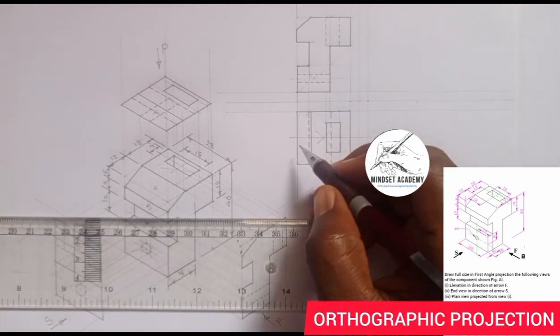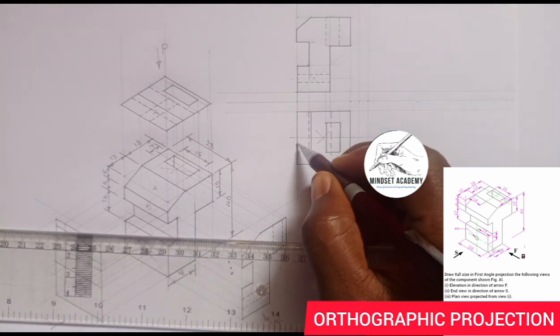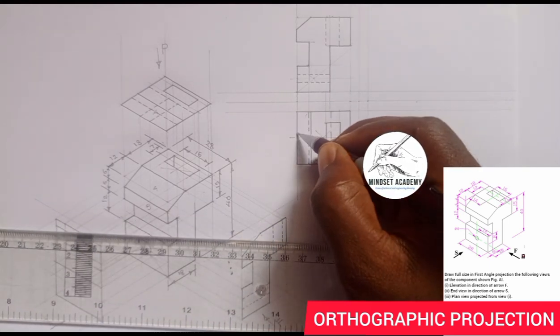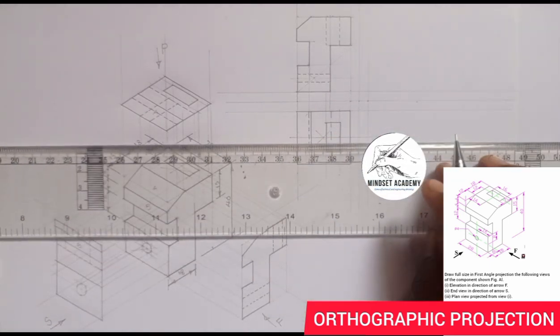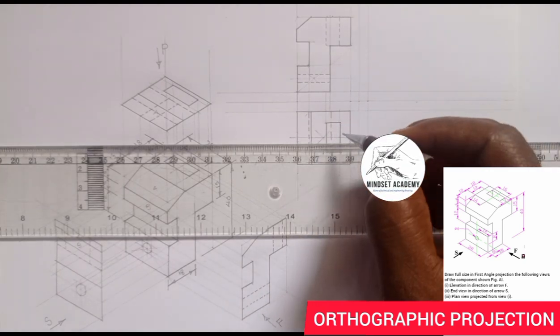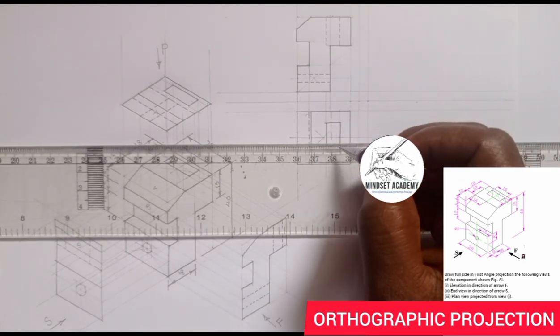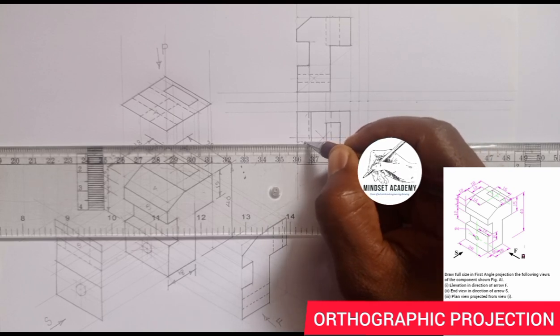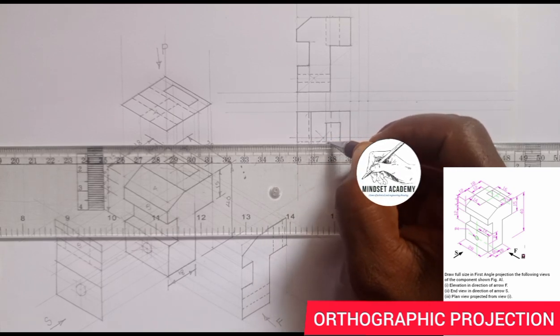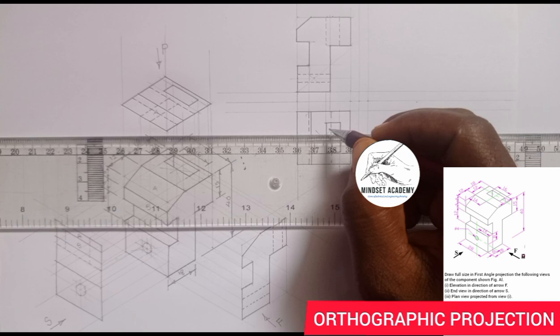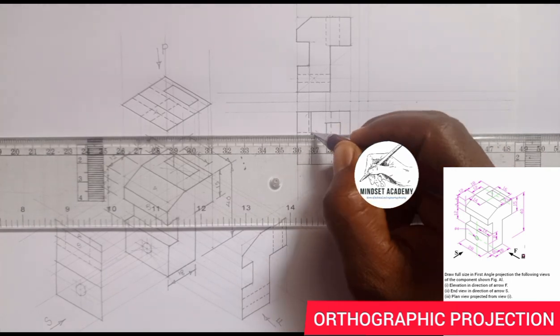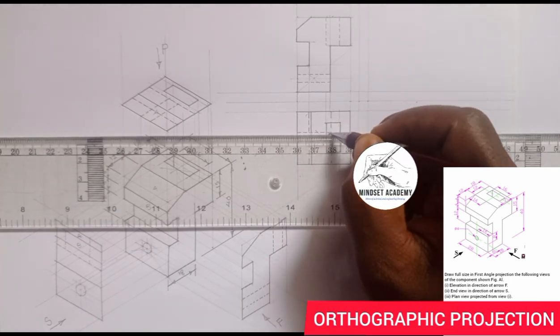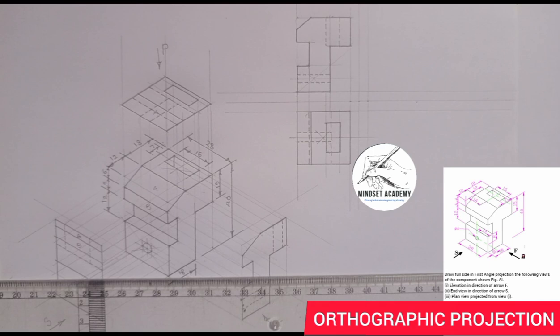It's just 2, 2. Since we have 2 mm here, also 2 mm here. So I'll just draw my hidden line. And it's going to be stopping where? At this here. So I'll have this, and here too. Can you see that?